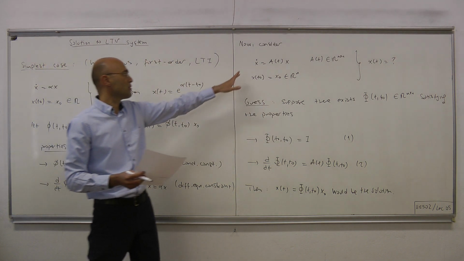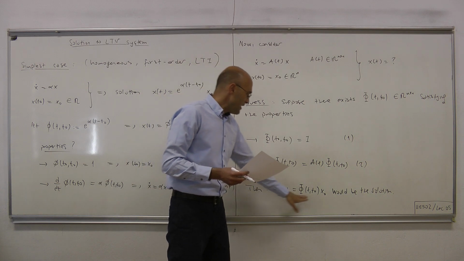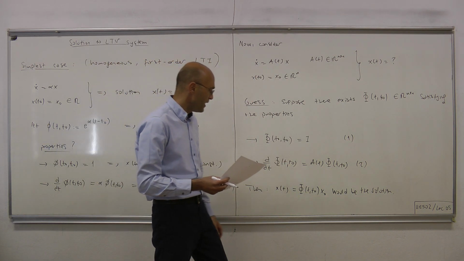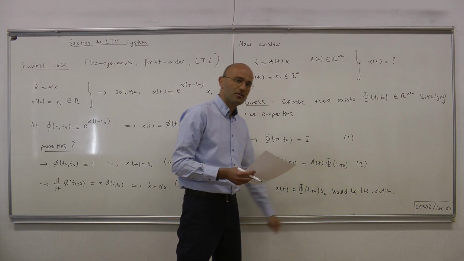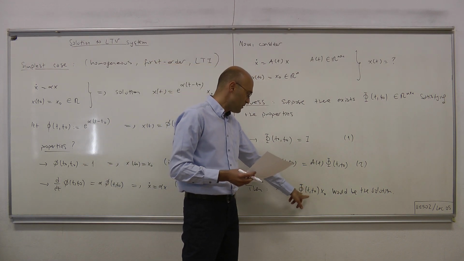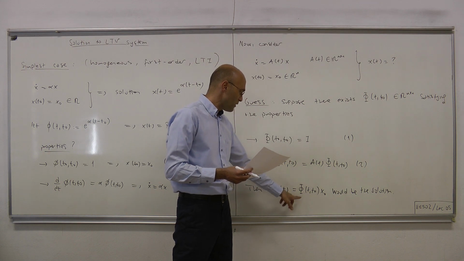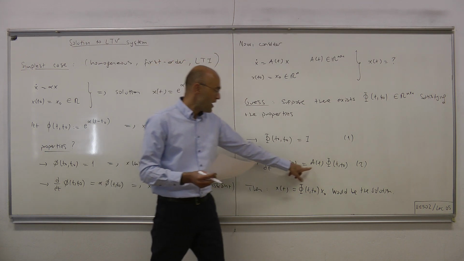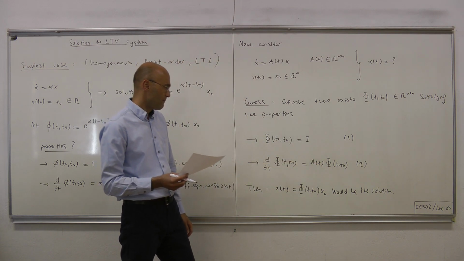As for the differential equation, take derivatives with respect to time of both sides. Since the initial condition vector is a constant vector, taking the derivative with respect to t, what we have is the partial derivative of phi with respect to t, which is A(t) times phi(t, t0).